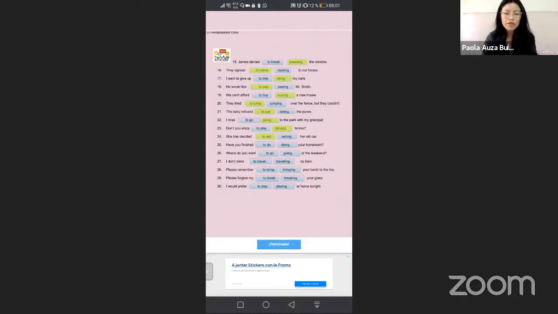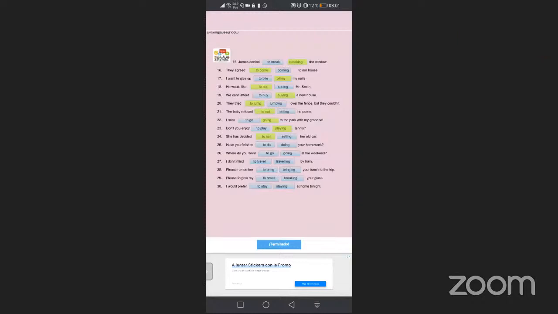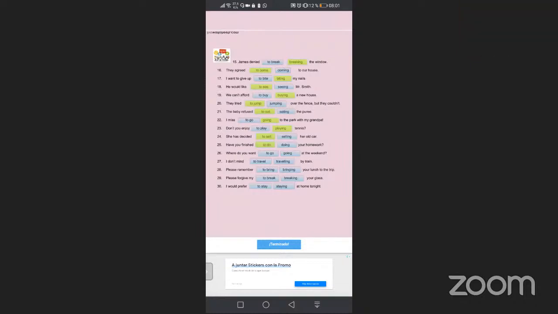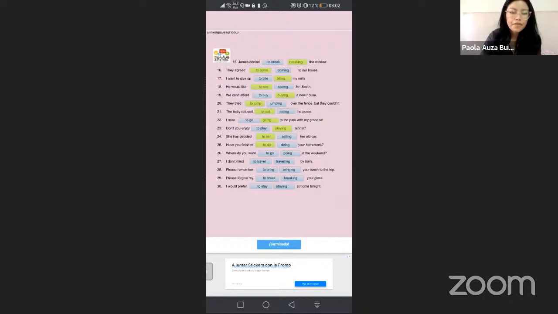To do or doing? Yes. To do your homework. Which one are you? Have you finished to do your homework? All right, you choose. It's fine. Where do you want going at the weekend? All right.